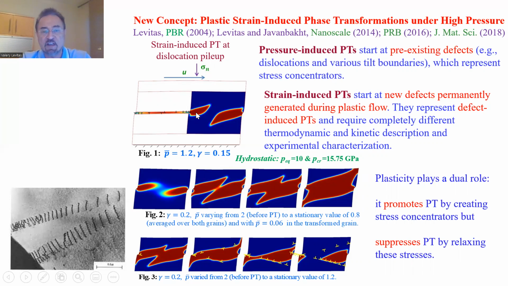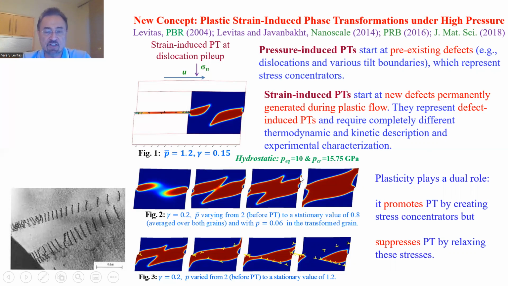And that is why our criterion is satisfied here, at a pressure which is just 1.2 GPa. So this is a conceptual proof that dislocation pileup can reduce pressure by more than an order of magnitude in comparison with pressure under hydrostatic condition, and almost an order of magnitude in comparison with the phase equilibrium condition.